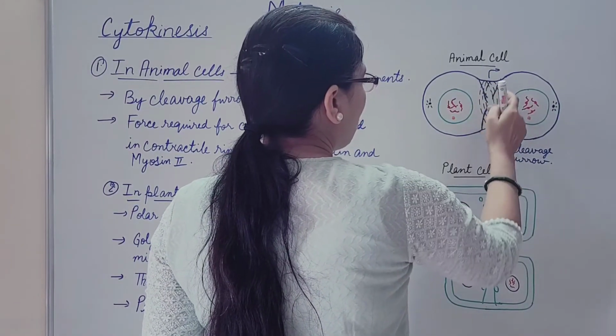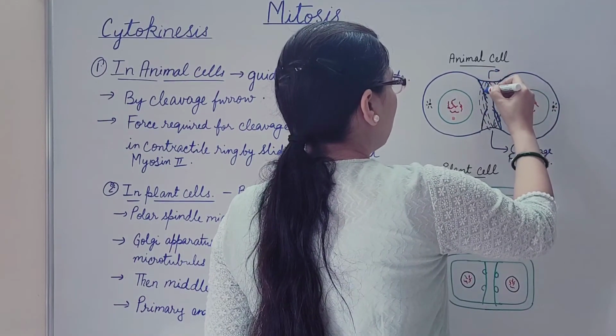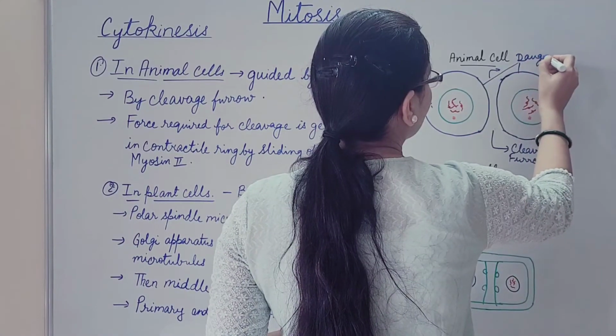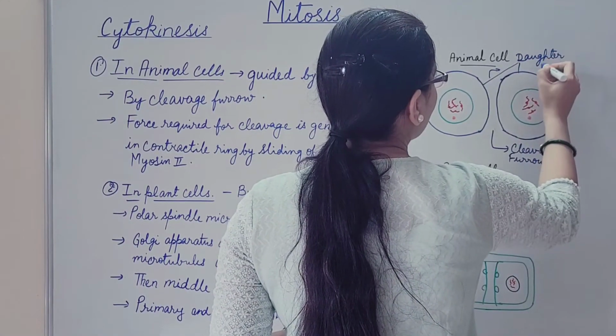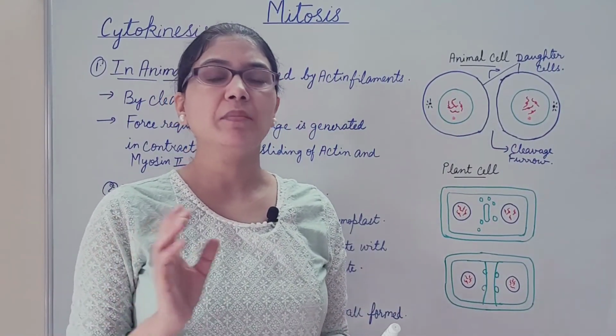Then it is pinched off and two daughter cells are generated. In this way, cytokinesis is accomplished in animal cell.